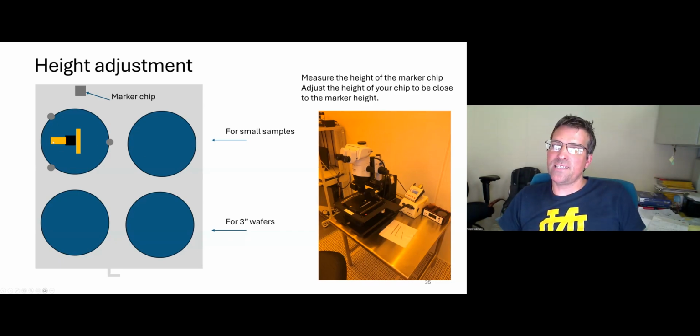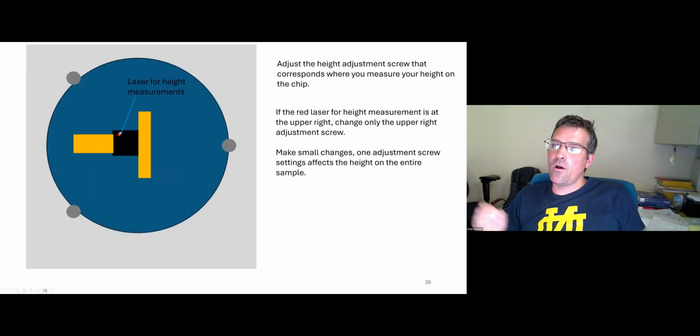In order to adjust the height of this table, you have 3 adjustment screws. To make it efficient, what I suggest is to use 3 points on your substrate to measure the height, and only adjust the screw that is closest to the laser spot where you're currently measuring.